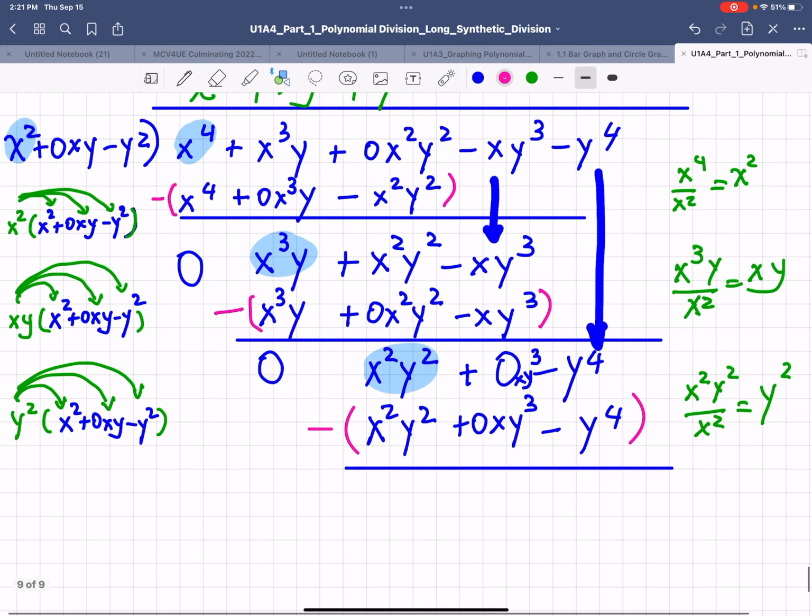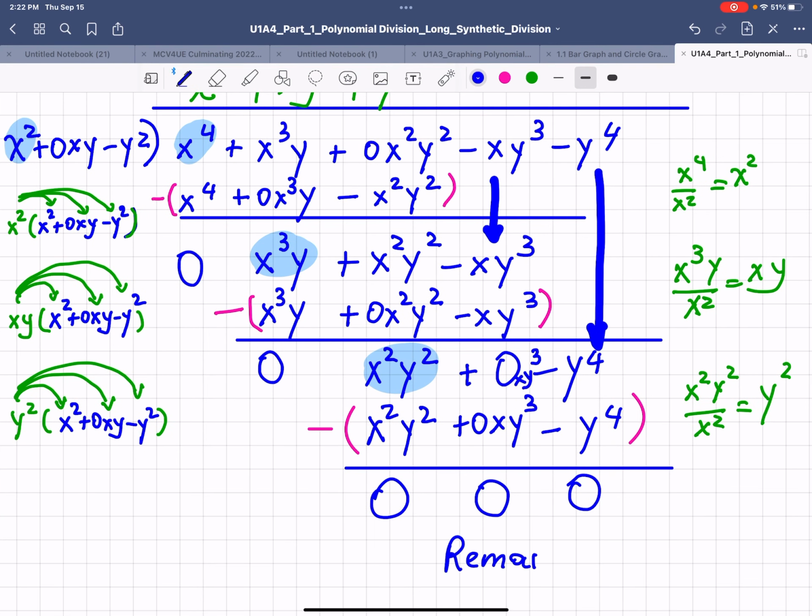As you can see, we get a remainder of 0 because x squared y squared minus x squared y squared is 0. 0 minus 0 is 0. Negative y cubed minus negative y cubed is also 0. And that means that the remainder will be equal to 0.